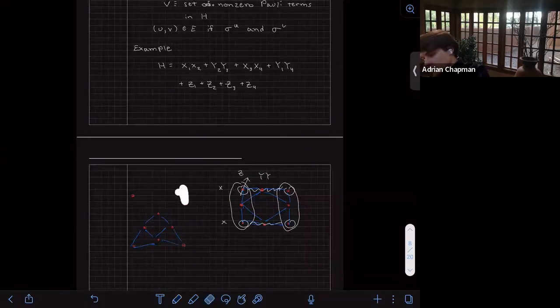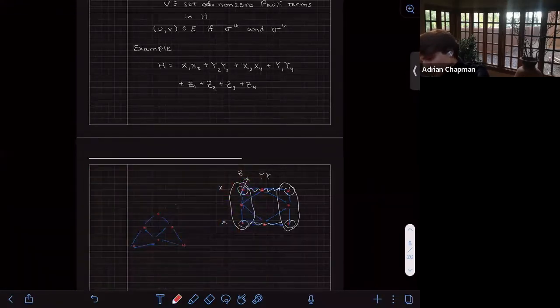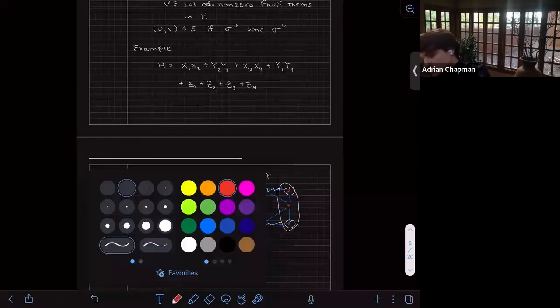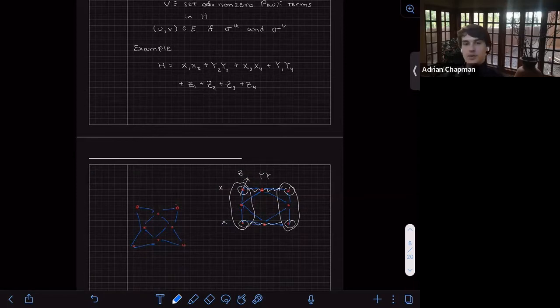I'd like to bring this closer. Right. So each of these is an interaction, and their edges represent anti-commutivity.